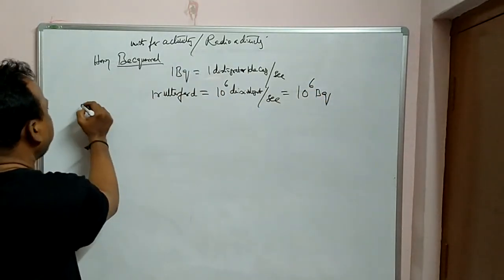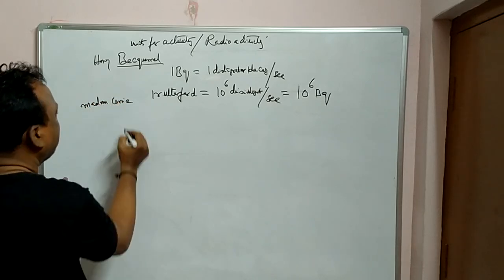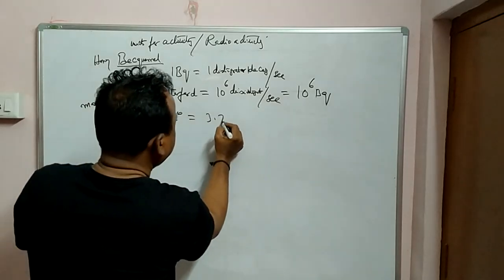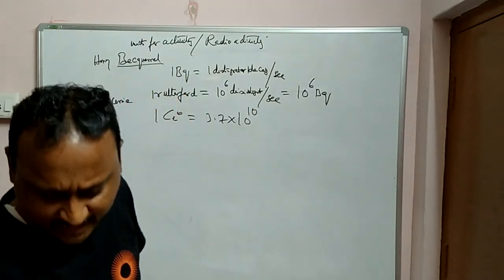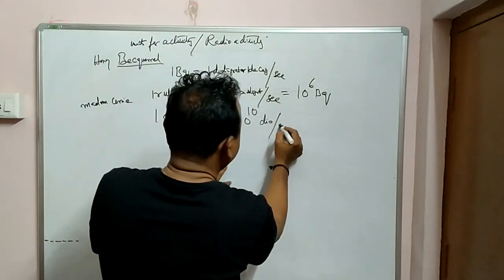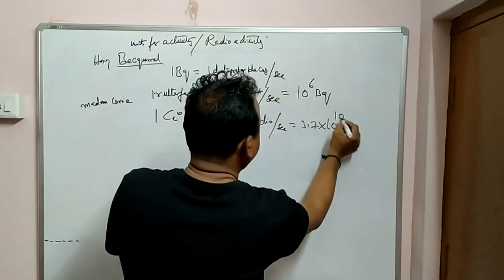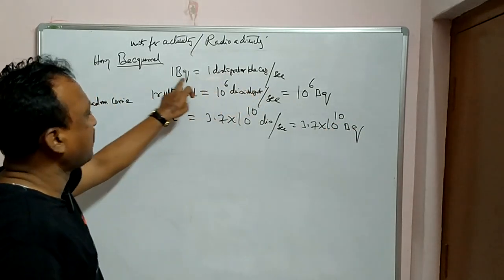And we have one more unit, Madame Curie. 1 Curie is nearly 3.7 into 10 power 10 disintegrations per second. And this is equal to 3.7 into 10 power 10 becquerels, because 1 disintegration per second is equal to 1 becquerel.